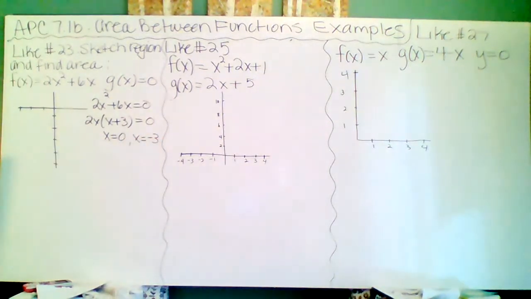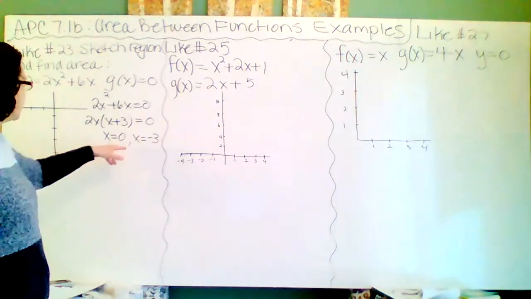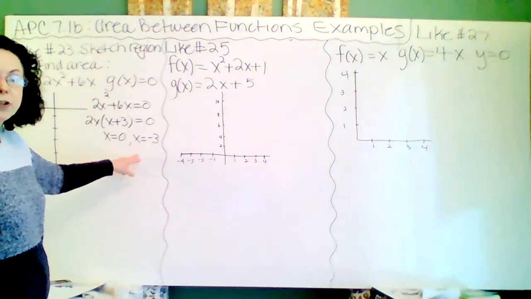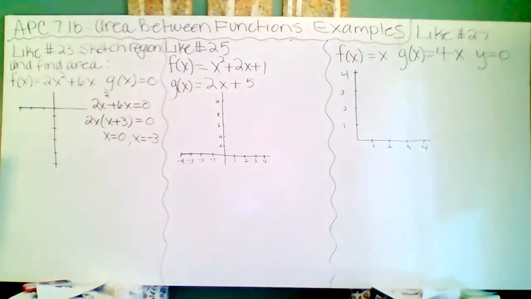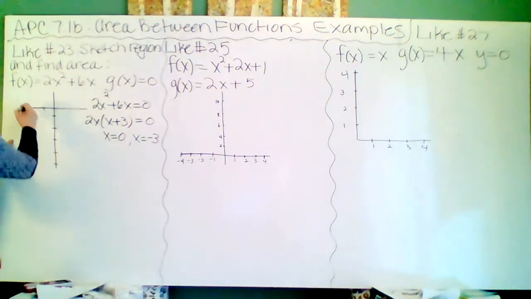So now this will get my integral started, but between x's of negative 3 and 0, so negative 3, negative 2, negative 1, 0, I can also sketch the parabola. When I put a negative 3 in here, of course I get a 0 out. That's what I found.